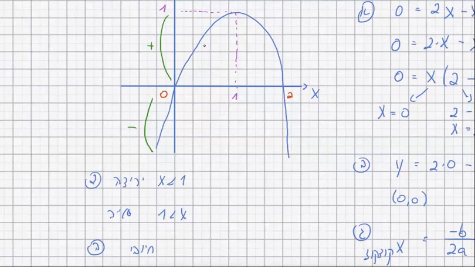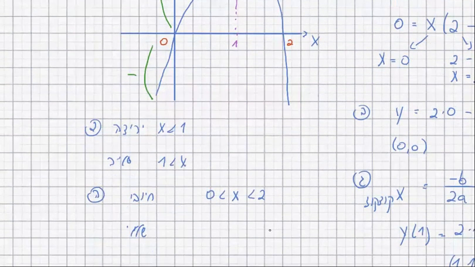Between the 1 and the 0. What about after 1? 2. Like that. And the parabola is positive whenever it's above the x-axis. So from the 2 to the 0. Yes, so x greater than 0, smaller than 2.